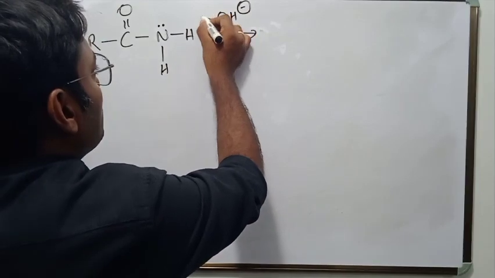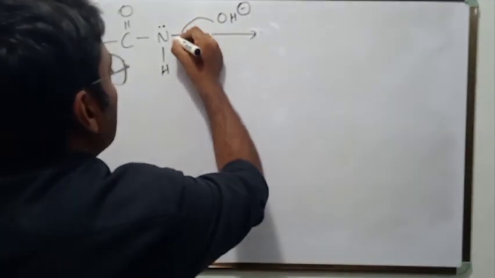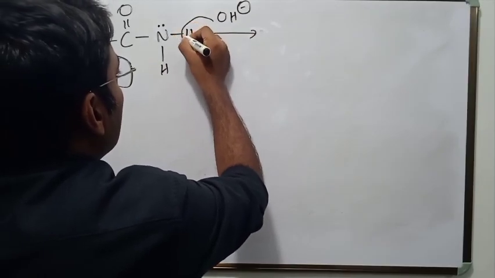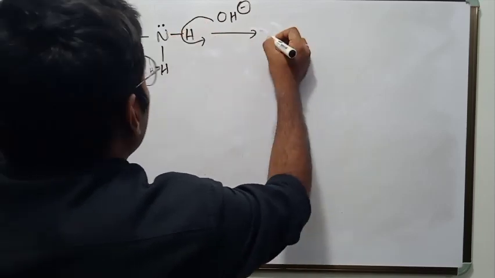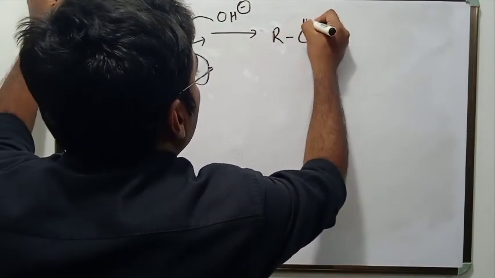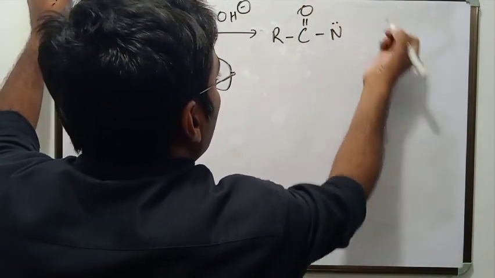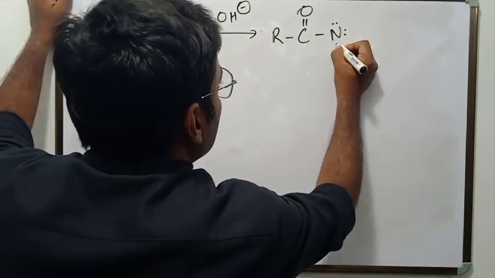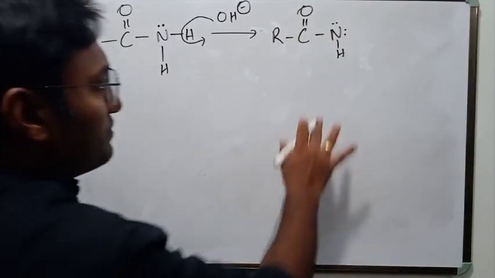This OH minus would take the H and water will be formed, and this pair of electrons, these two electrons, they will remain here. That is, H will not take its electron, so that electron will come here. So what you get is like this. So this is the lone pair, and these are the bond pairs, and here is the H. Okay, so that is the first step.